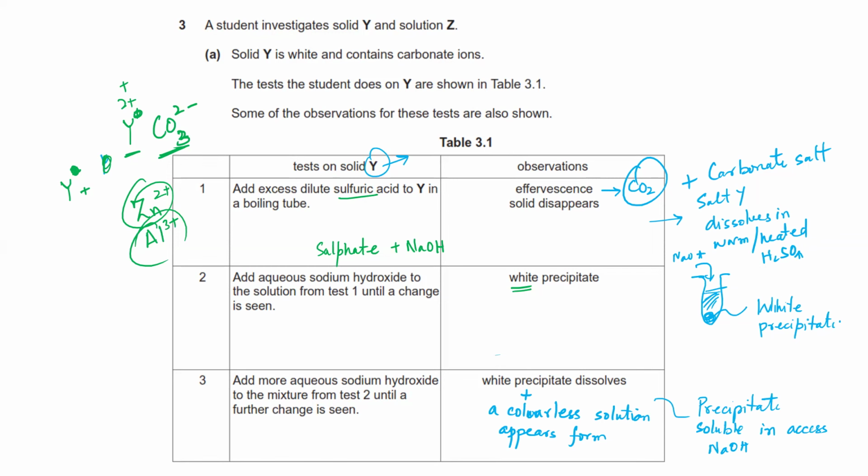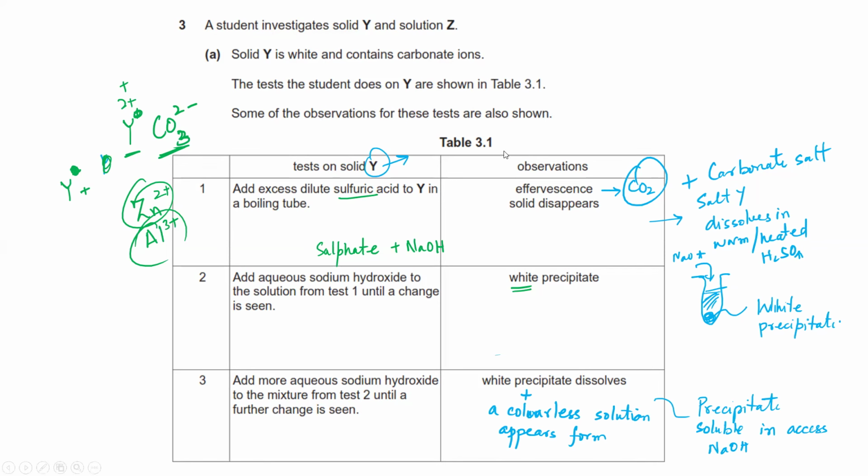You can also use page number 15 to see the effect of aqueous sodium hydroxide on aluminum and zinc, and you'll be able to easily shortlist those two salts.